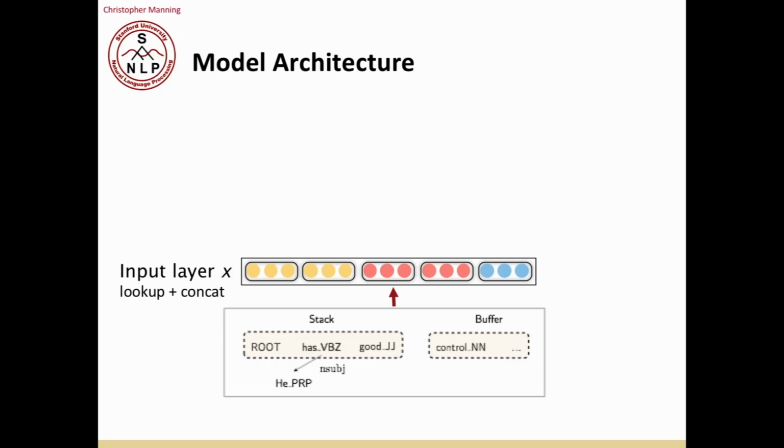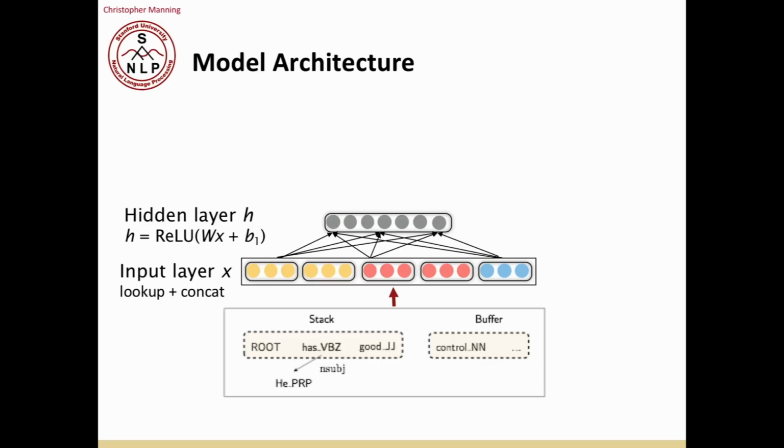So that gives us our input layer. From there, we put things through a hidden layer, just like last week. We do Wx plus b and then put it through a ReLU nonlinearity to a hidden layer.